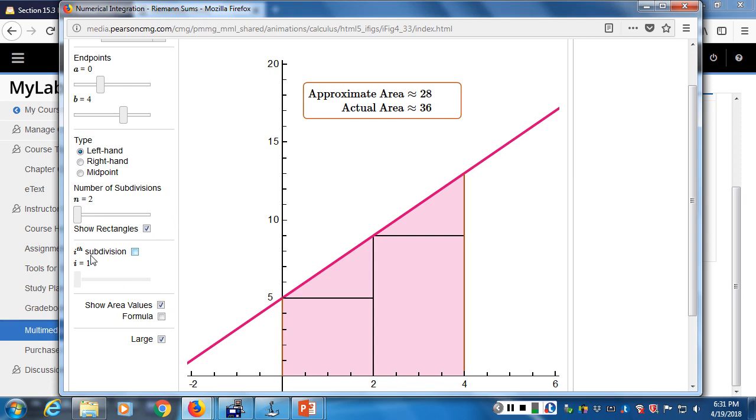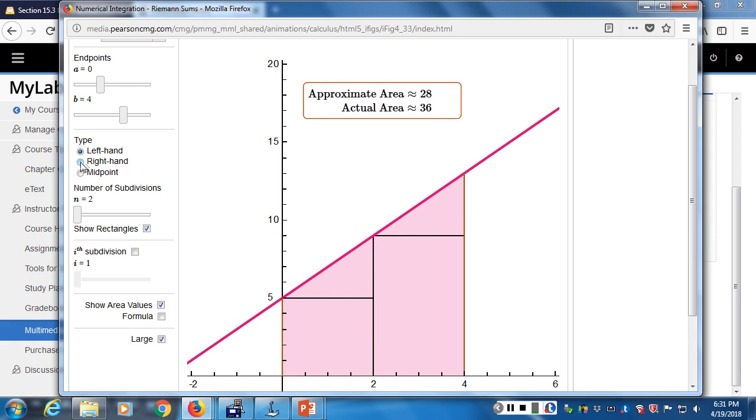So if I do what are called left-hand rectangles, that means that the rectangle that's on the left starts basically at the middle of this, since I've got 2 rectangles. And the problem with using these 2 rectangles here to approximate the area under that line is that the area of the rectangles is too small. The actual area is more than the area of the rectangles.